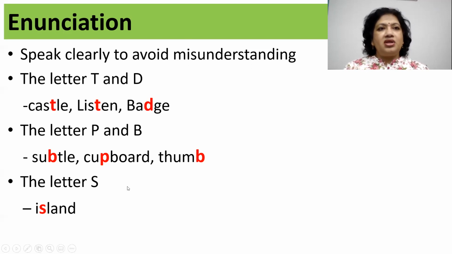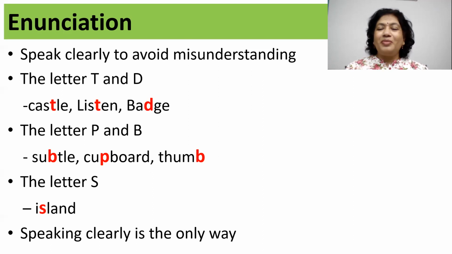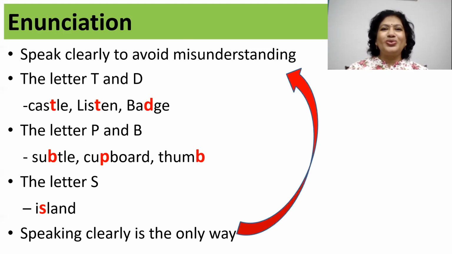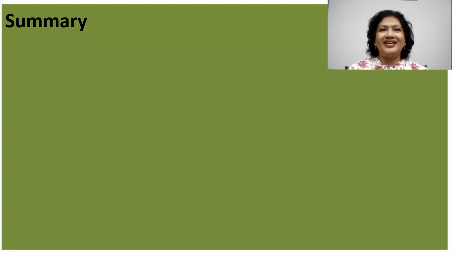I've just taken some letters which are silent. My stress is that whatever you speak, your enunciation should be clear, because speaking clearly is the only way to avoid misunderstanding.